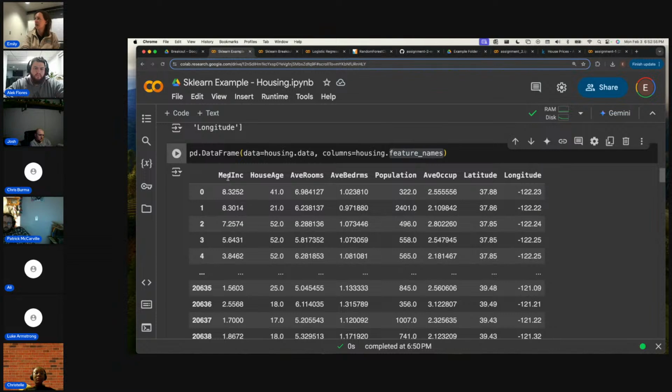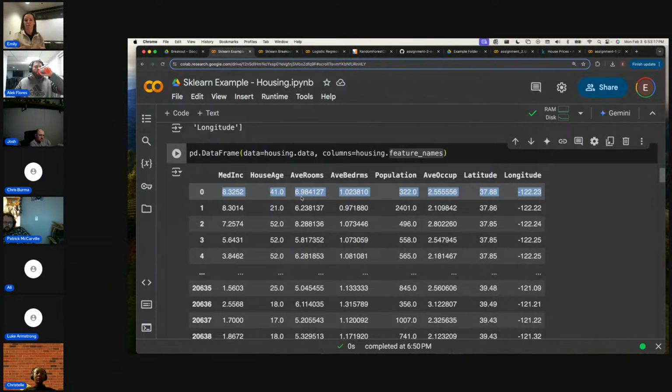And so for that reason, they created this different data set called the California housing data set. In the California housing data set, they took blocks of houses and assigned them median income, house age, average rooms. So this record here doesn't actually represent one house. That's why you can see 6.9 rooms. How can you have 6.9 rooms?